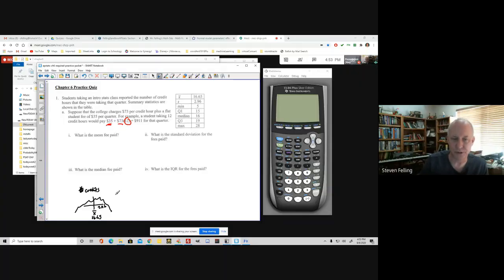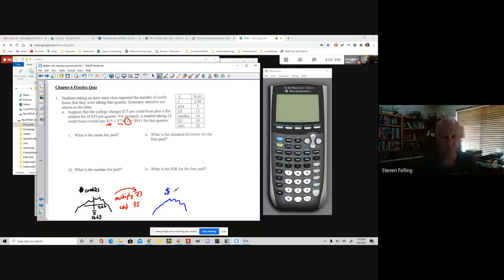So we're transforming this data by multiplying everything by 73 to convert it to dollars, and then we also have to add on the $35 fee. That results in a new distribution, which is the amount of money that it takes to pay for the classes. So we're asking questions about the mean, standard deviation, median, and IQR for this new distribution. So how would we do that?